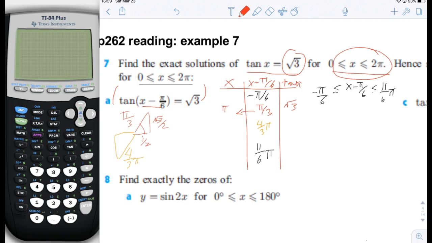That actually gives us pi over 2. Okay? If we add pi over 6 to 4/3 pi, that's like 8/6 pi plus pi over 6. So that would be 9/6 pi. 9/6 pi is actually 3/2 pi. Okay? So those are our two solutions, pi over 2 and 3/2 pi.